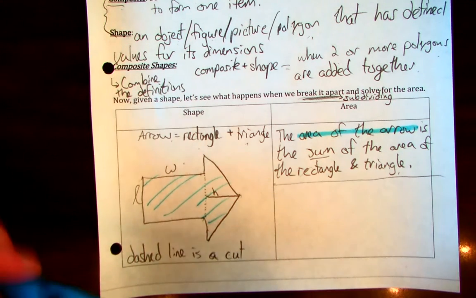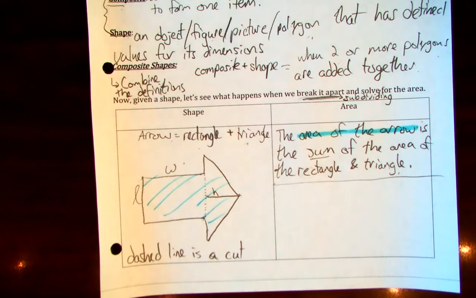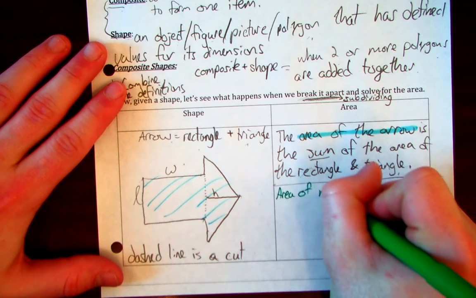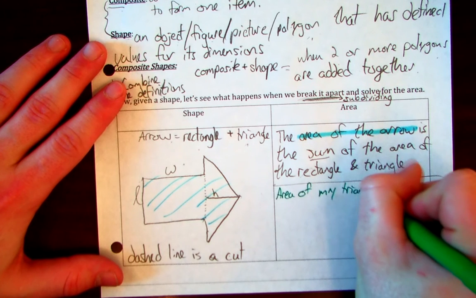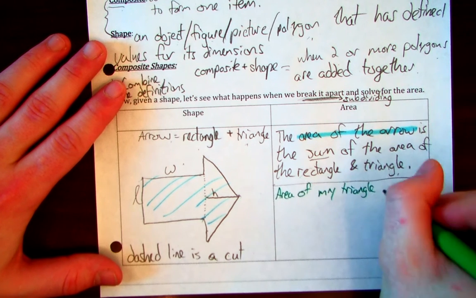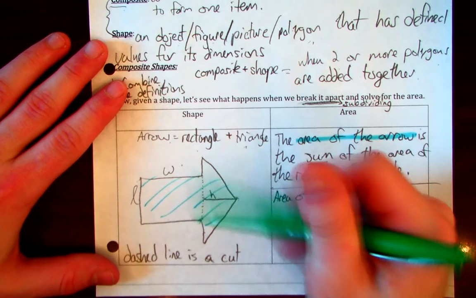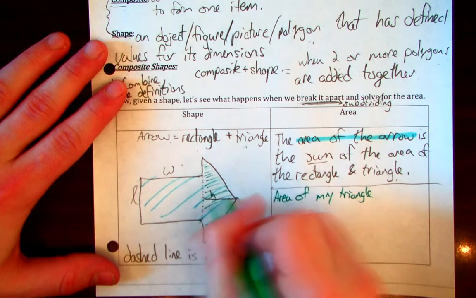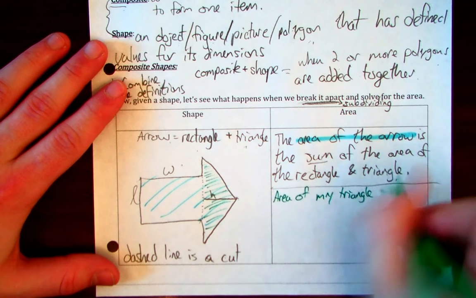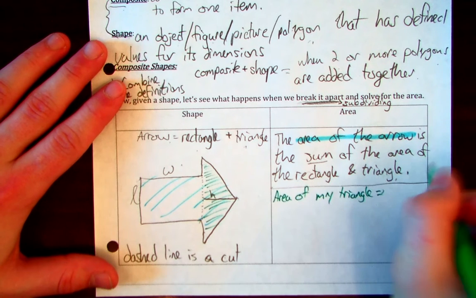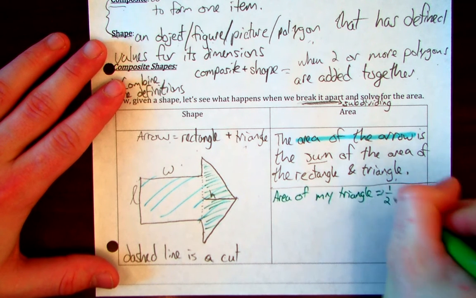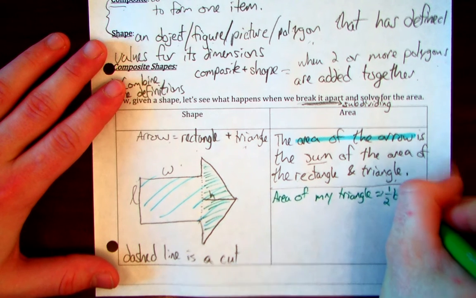And now, if I'm talking about the area of my triangle, how do we do that? Well, it's this part here. So we have our part in green is going to be our area in a triangle. What do we need for that? Well, we have 1/2 times the base times the height.